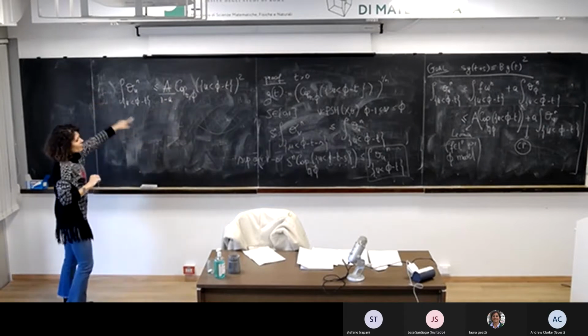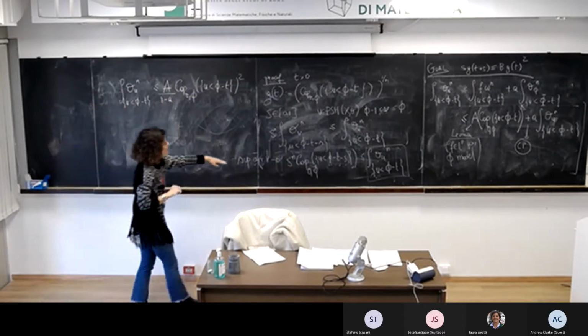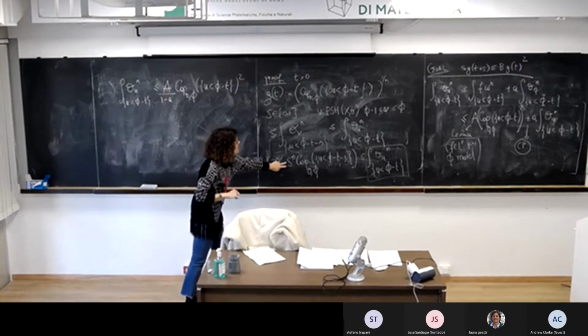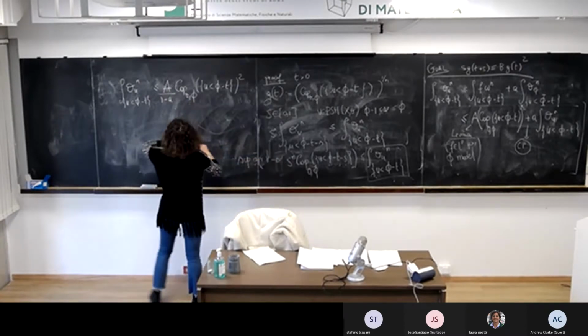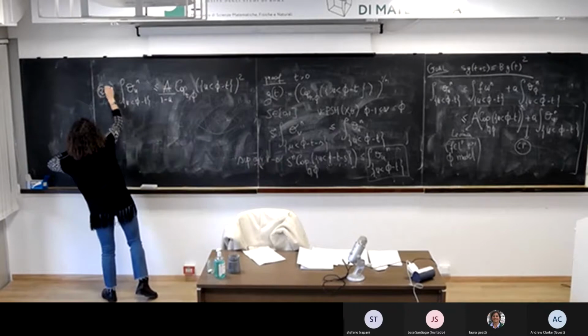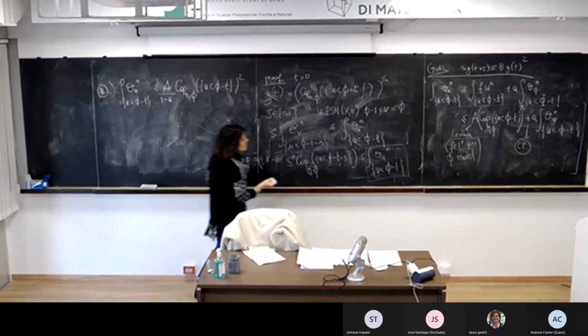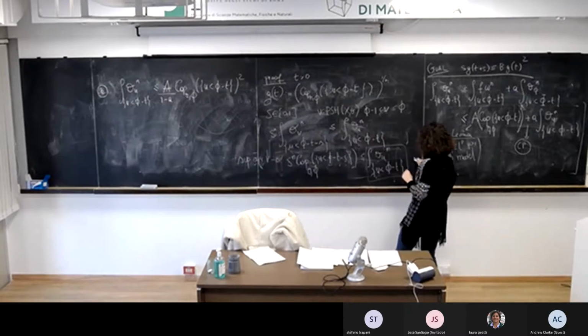Okay, but then we are just going to put together this inequality and this inequality. So this is going to be 2b, and this is going to be small a. This inequality over here.